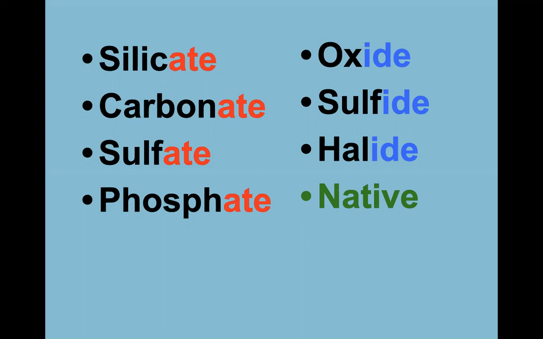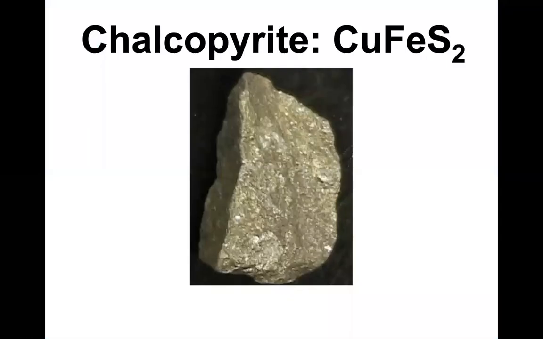All right, so now I'll let you tell me what family these are in. So this first mineral, chalcopyrite. We have some copper, some iron, some sulfur. Does anybody have an idea of which family this would go into? Remember, we're only looking at the last two.